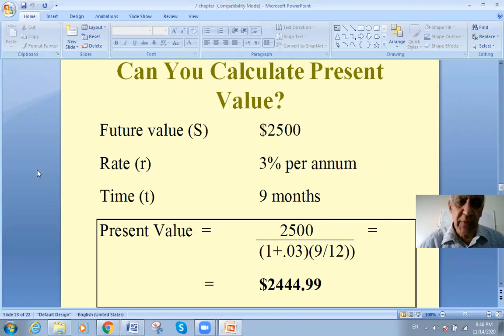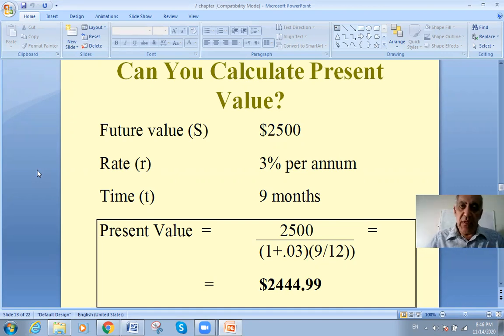We have talked before about the present value and the future value. And we said the difference between the two is that the present value is the price of an item just now, but the future value is the price of this item in the future.